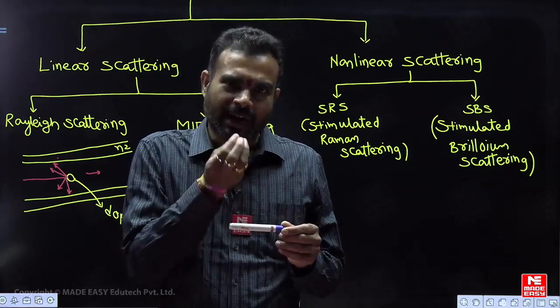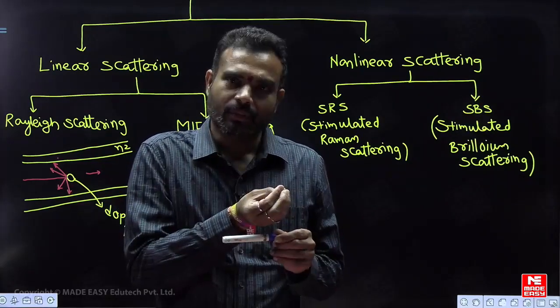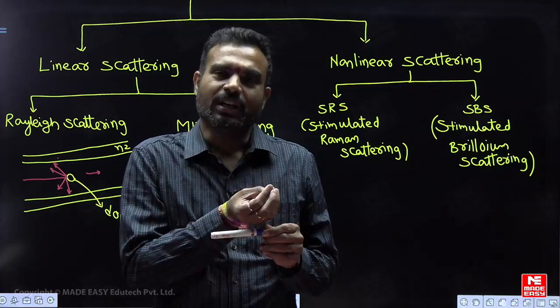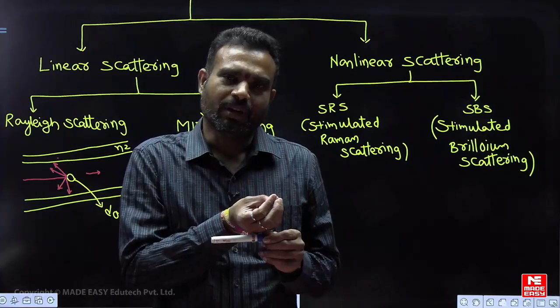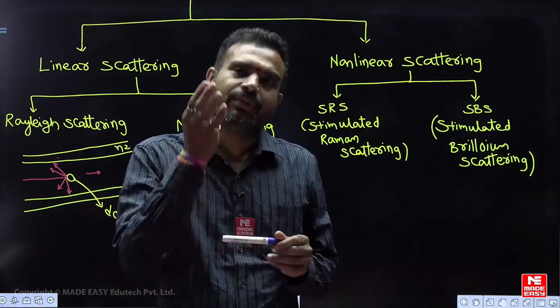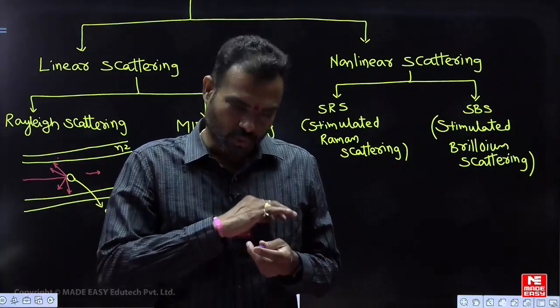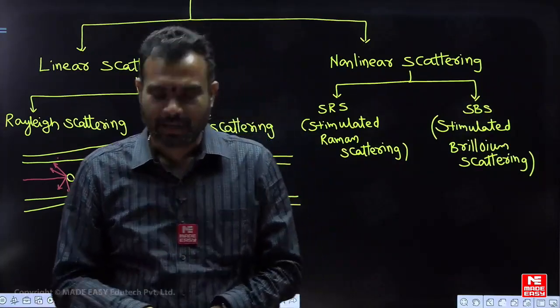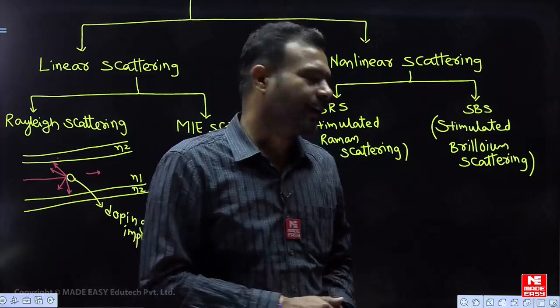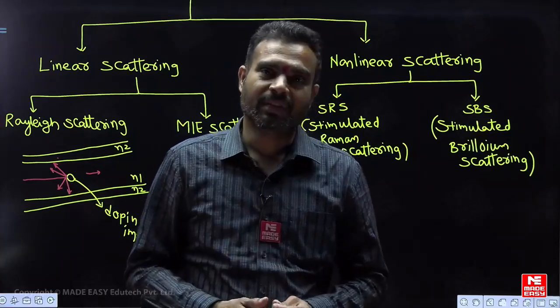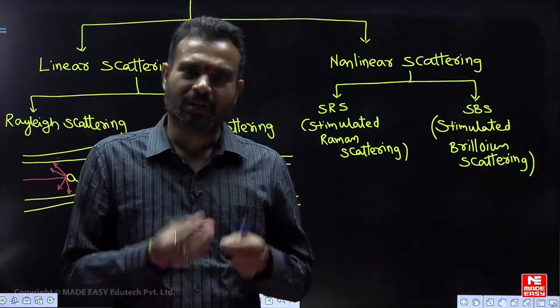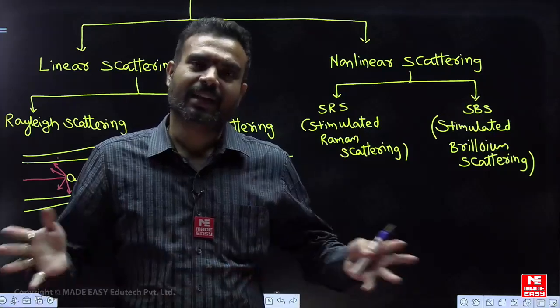This affects the transmission of your signal through the fiber. Because of this random fluctuation, the signal suffers a loss in transmission, which is called stimulated Raman scattering. Because the electrons get stimulated, we get scattering there.